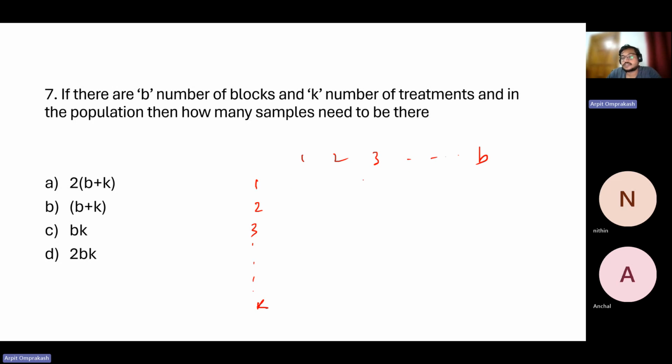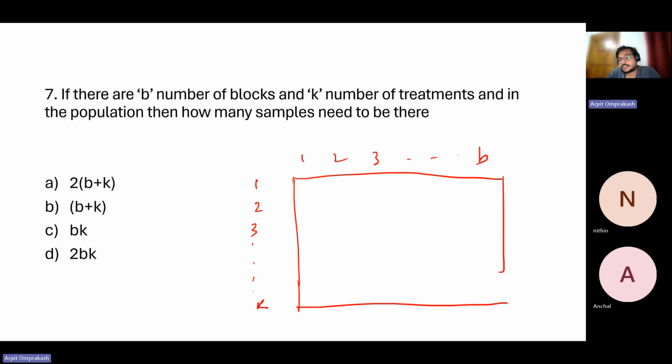For each of these, we'll need a sample, right? Since we have B blocks and K treatments, for first these two we'll need one sample, for these two we'll need one sample, and so on. For all of them, we'll need a sample. So the answer will be B into K, which is option C, BK. So B into K is the number of samples we need in total.